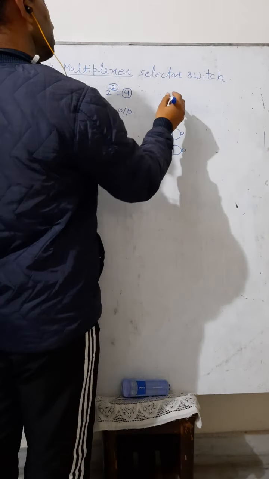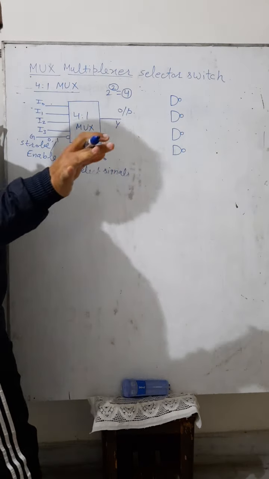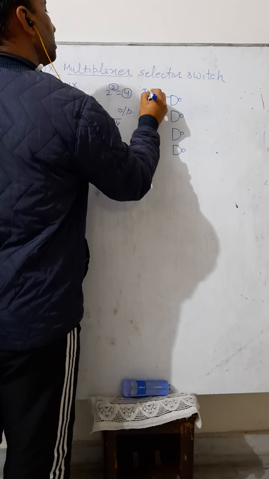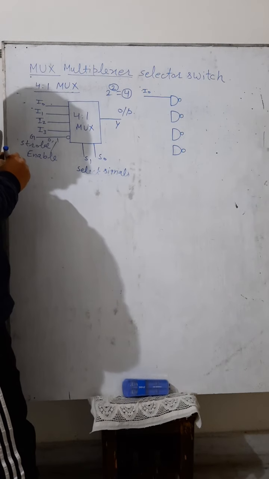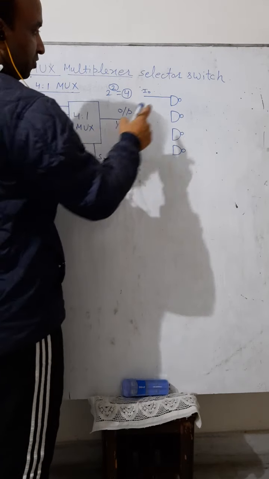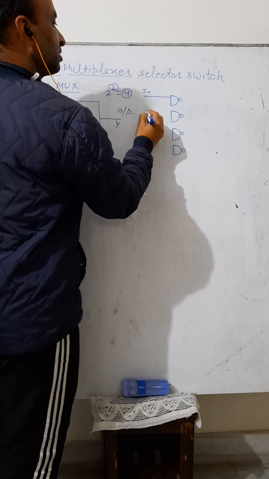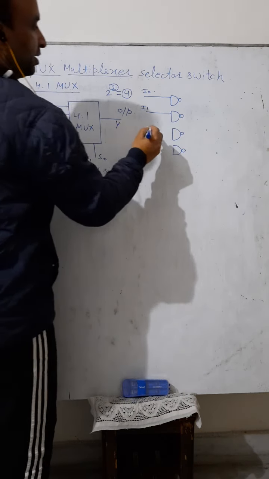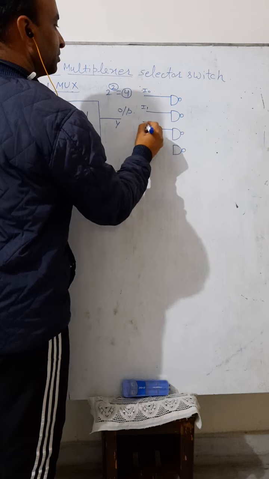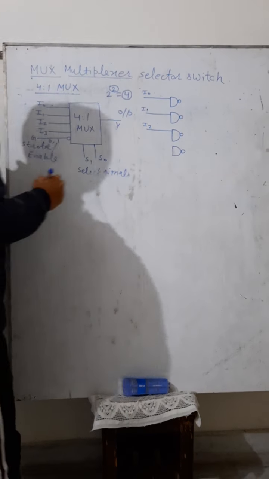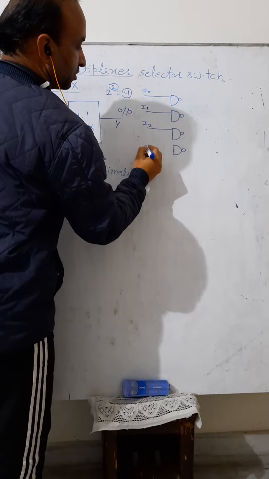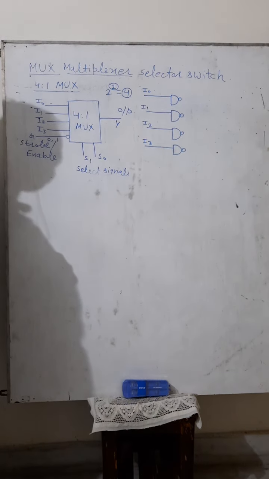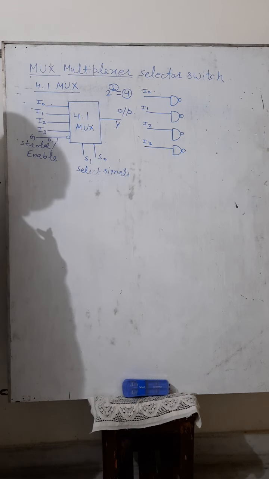So 1, 2, 3, 4, because there are 4 product terms. I0 will be the first input to the first NAND gate, then I1 to the second NAND gate, I2 to the third NAND gate, and I3 to the fourth.